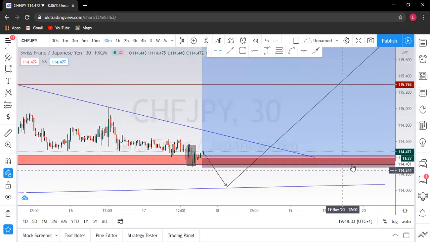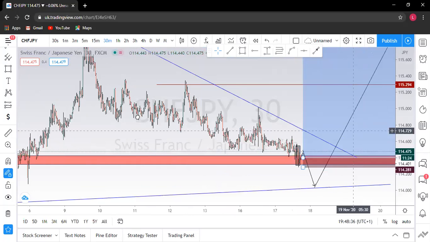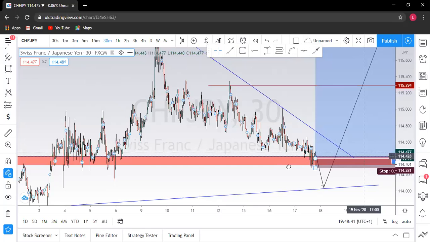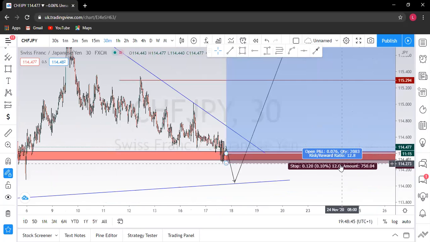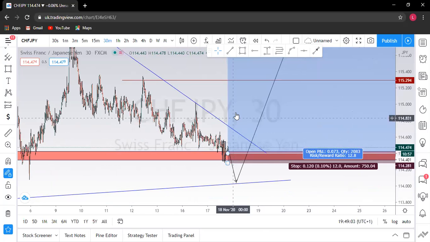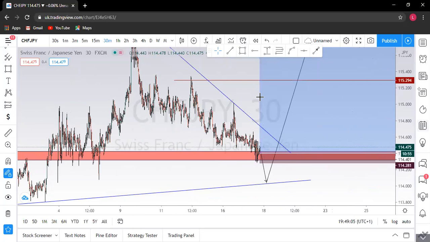So meaning we are having a stop loss of 12 pips. So this is actually the end of the session. We are hoping to buy CHFJPY, and let's see what's going to happen.